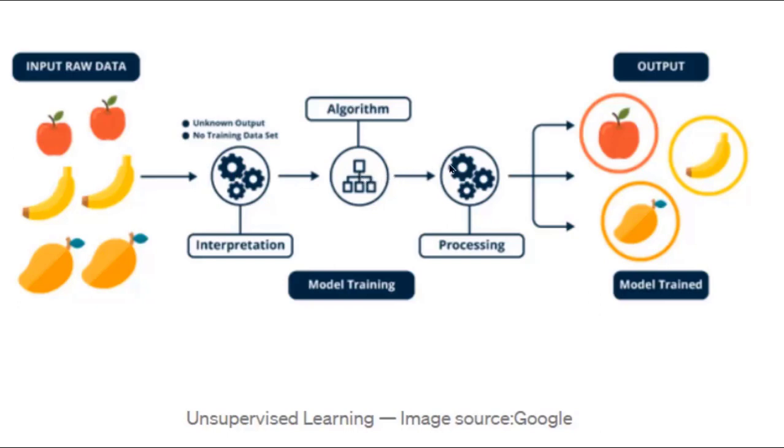The system places these data in different clusters due to the similarities. For example, we give some pictures of fruits to the system, but we do not say what fruits these pictures are related to. The system puts fruits in different clusters due to the similarities.